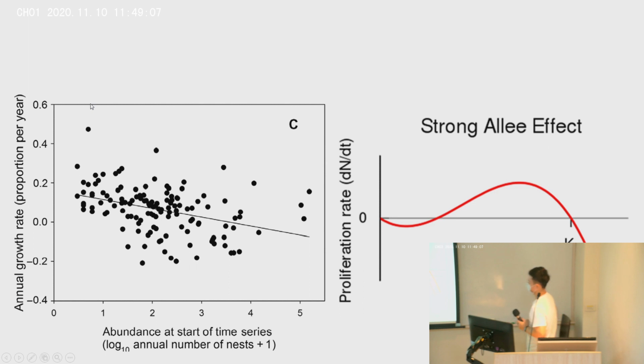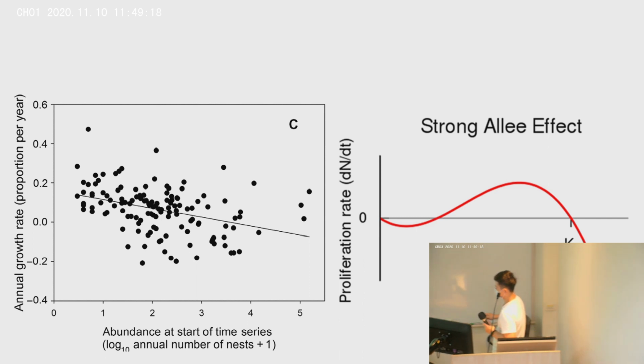And we concentrate on these two pictures. From our result, when the initial nesting number of sea turtles is high, the annual growth rate is high. So we can say that the Allee effect does not happen in sea turtles.